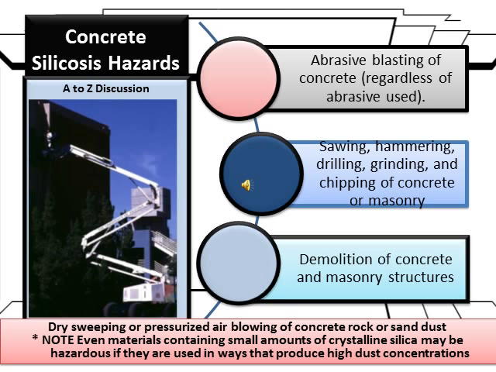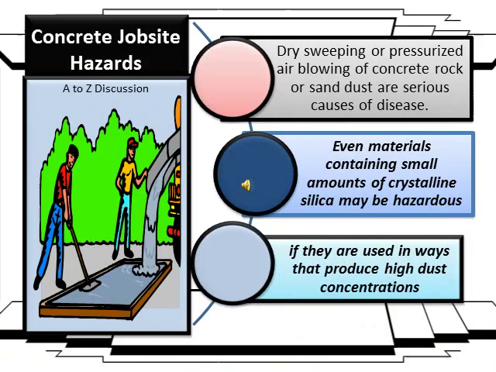Remember, dry sweeping or pressurized air blowing of concrete, rock, or sand dust will also produce high concentrations. Dry sweeping or pressurized air blowing of concrete, rock, and sand dust are serious causes of disease.